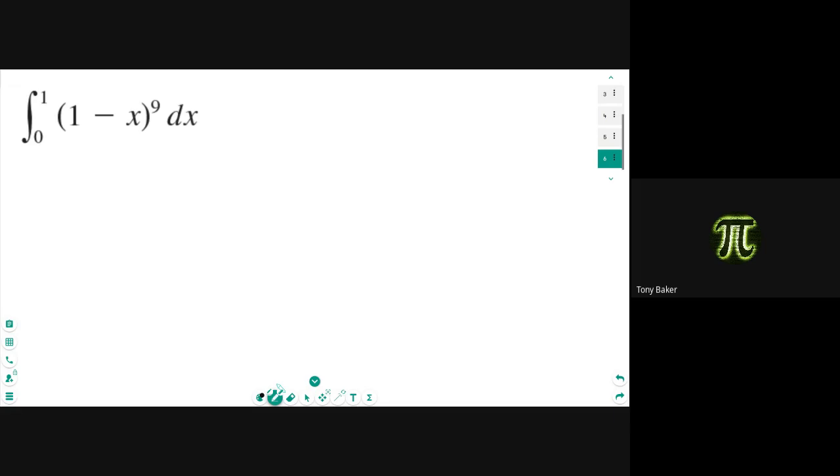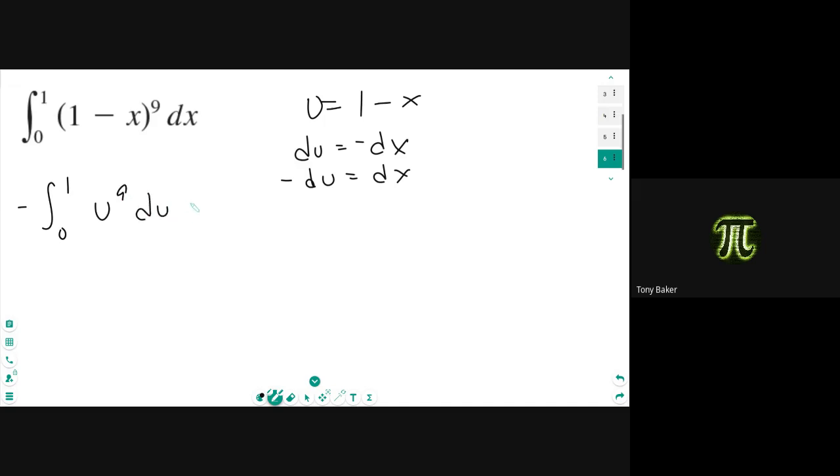All right, let's see. So my u is going to be 1 minus x. So du is just negative dx. So I'm going to bring the negative sign over, so I get to pull the negative sign out front. And I have u to the 9th du.